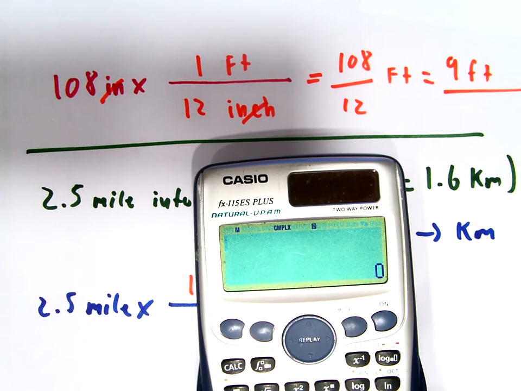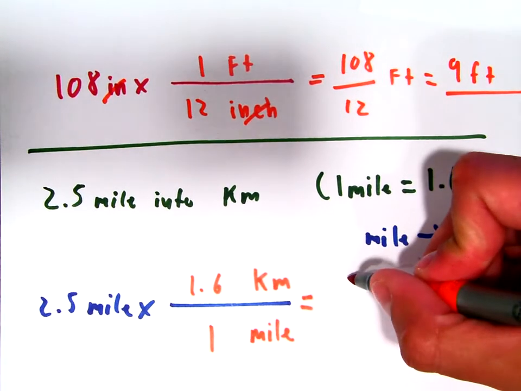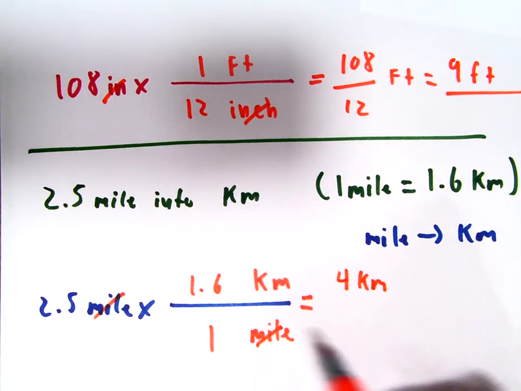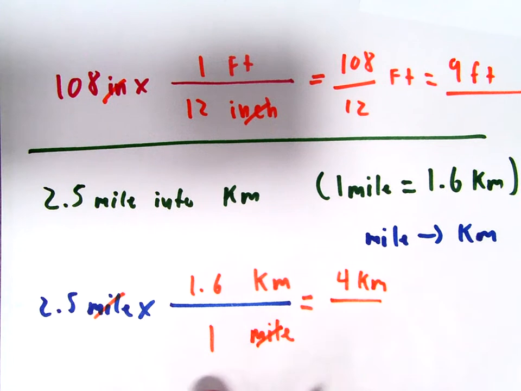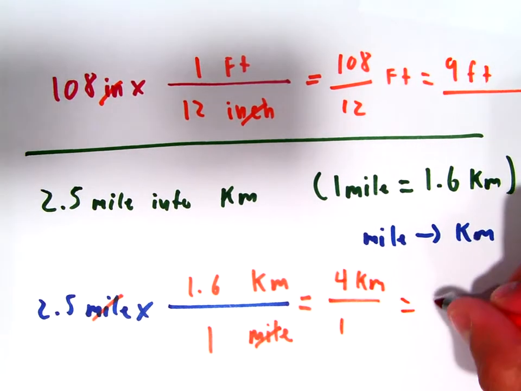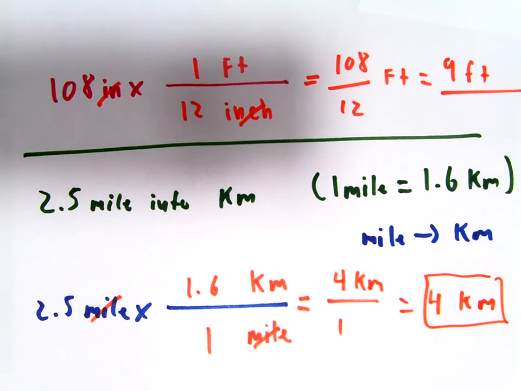So 2.5 times 1.6 would give me 4. So it would be 4 kilometers, because miles canceled out, divided by an invisible 1. 1 times 1 is just 1, so it's just 4 kilometers. Okay, that'd be my answer.